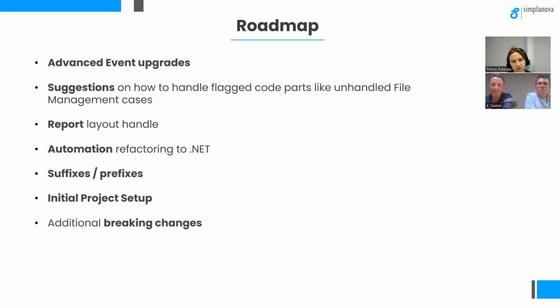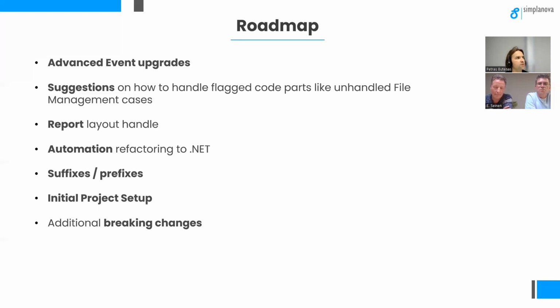So some suggestions on what we would apply. And initial project setup is also something we'd like to soon release for everyone. So you don't have to run text to AL and create deltas somewhere else. You could simply export C/AL objects and start using our tool. So this would hopefully make it easier.